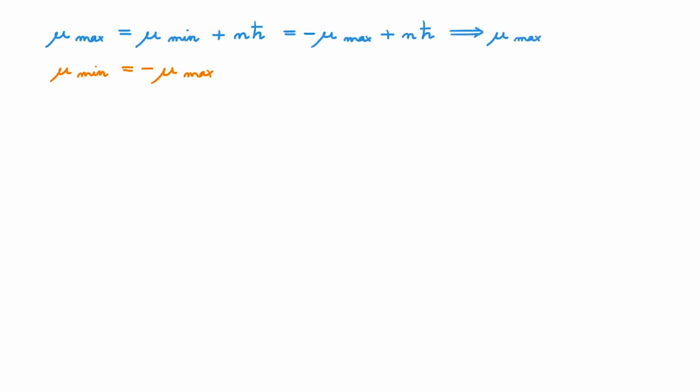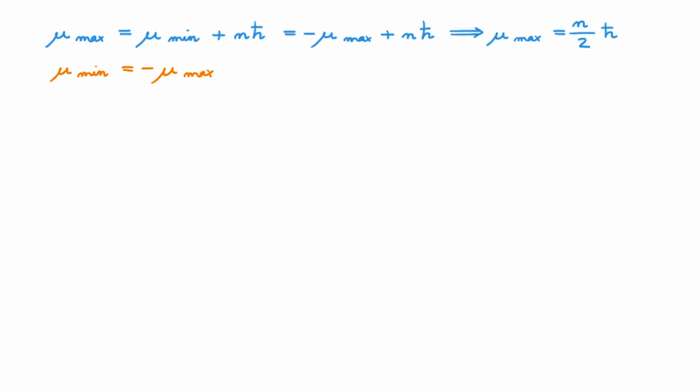We're now almost there. We just figured that mu max is equal to mu min plus n h bar, where n is an integer. We also know that mu min is equal to minus mu max, so we can rewrite this equation like this. And this means that mu max is equal to n over 2 times h bar for integer n.